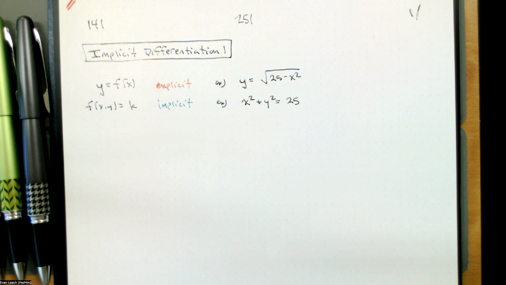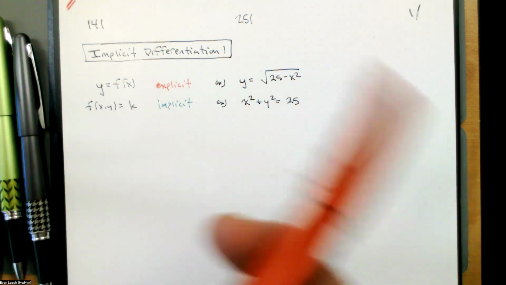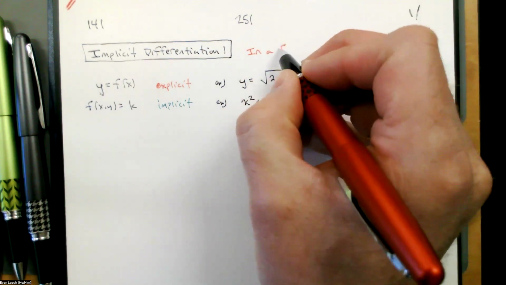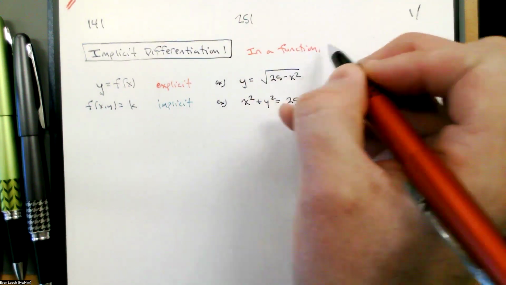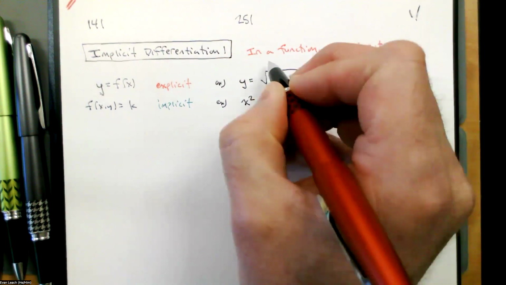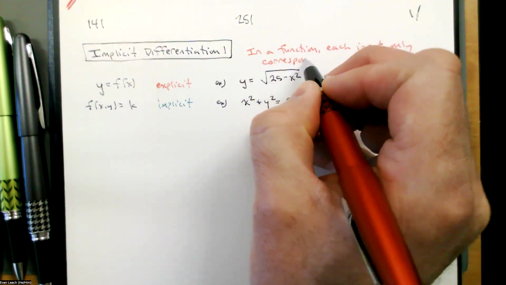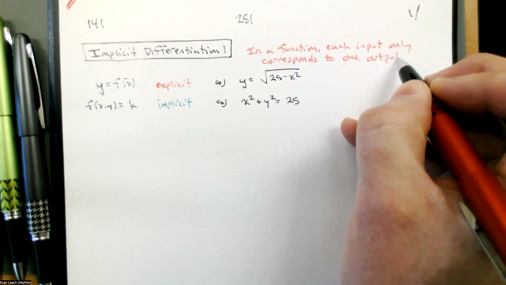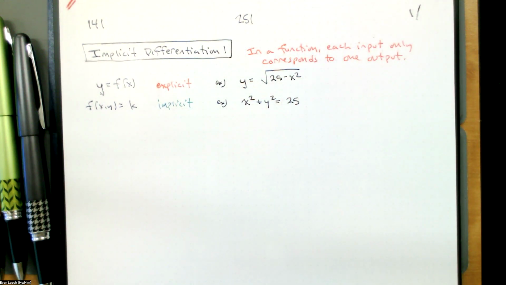Functions are limited in that each input can correspond to only one output. That's the restriction of a function. So if I ask what is f of -3, we can say 4.